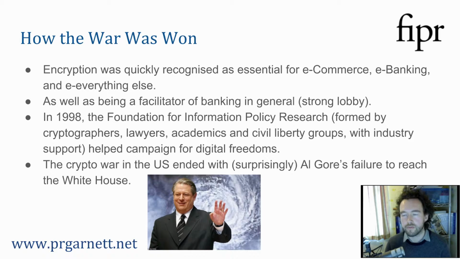And obviously it was a facilitator for banking, and the banks are quite a strong lobby. In 1998, the Foundation for Information Policy Research, a group of cryptographers, lawyers and civil liberty groups, led a successful campaign for digital freedoms. And the whole thing kind of wound up in the US when Al Gore failed to be elected into the White House, because he was surprisingly a strong proponent of controls on encryption.